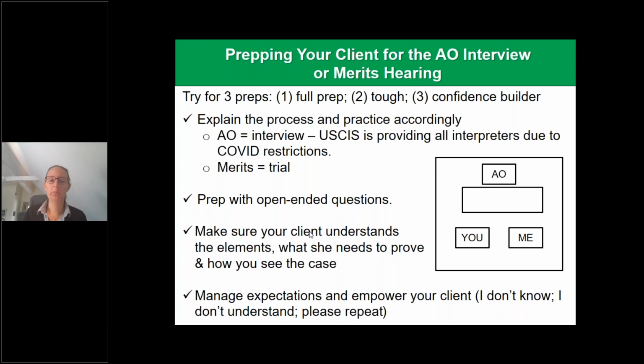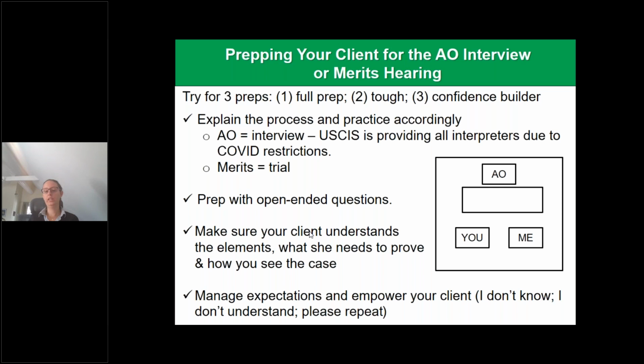We recommend preparing with open-ended questions. It is important that you make sure that your client understands all the elements of asylum, what they're going to need to prove, and your strategy for how you're presenting the case. If they have a better understanding of what information needs to come out for them to be successful, they're going to be able to better answer your questions or the asylum officer's questions.